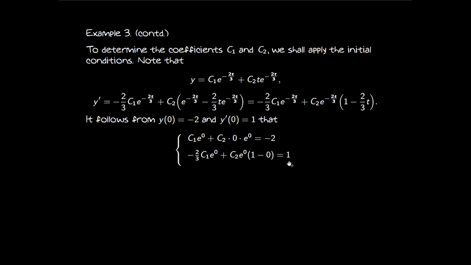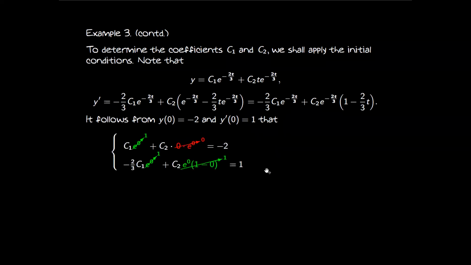Now, once again, we have e to the zero is 1, and 0 times whatever is just 0. So the equation system can now be simplified, and easily you can say the first equation is just C1 is equal to negative 2, because C2 has coefficient 0.